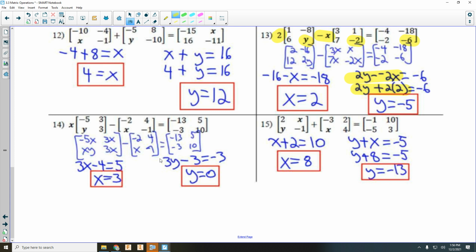I got x equals negative 3. Well, you got to get x first. So it would be x times 3 minus negative 1 has to be equal to 10.